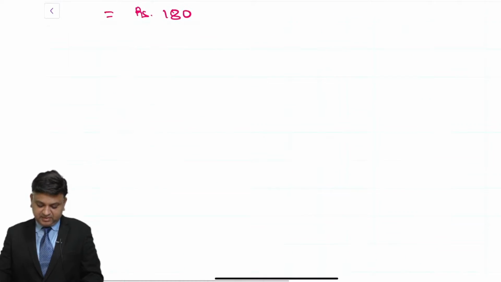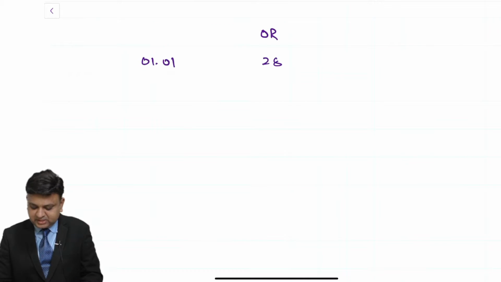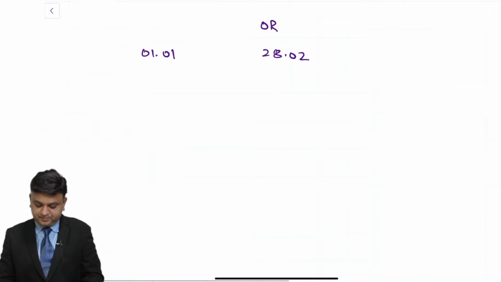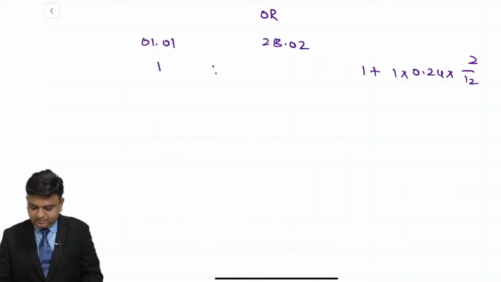Now this answer can be calculated in an alternative manner also. Let me explain that to you. See, today's date is 1st of January, and after 2 months, let us say 28th of February. Suppose today you invest 1 rupee, then after 2 months it will be 1 plus 1 into 0.24 into 2 divided by 12.